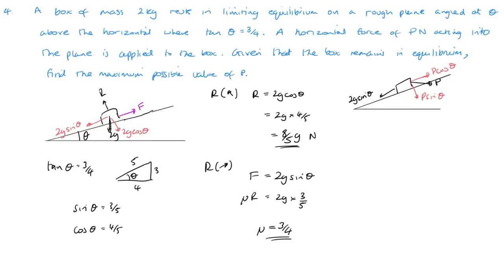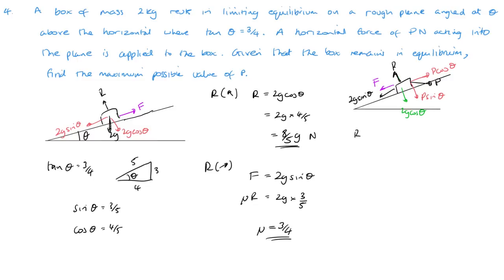Oh yeah, I'm probably going to have to put the other values on here, aren't I? So let's stick my R back on here, and then let's stick the 2g cos theta back on there. So for it to have the maximum value of P, friction will act down the slope. So that is basically what's going on now.